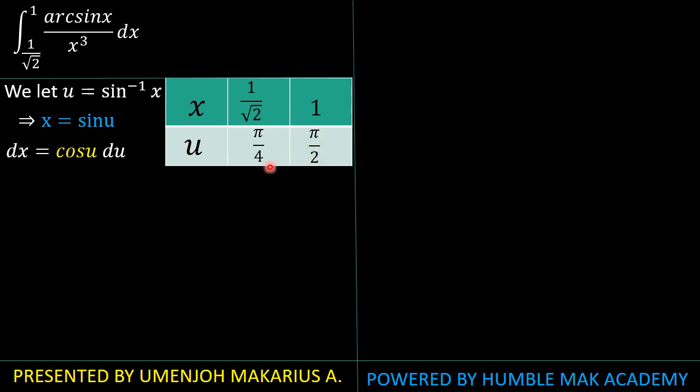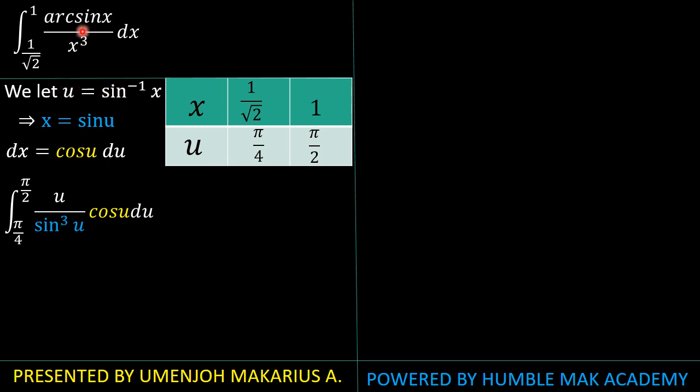Great. So now we are ready to take the integral from the x world to the u world. We now have the integral where, when x was 1 over root 2, our u was pi over 4, so we have pi over 4 here. Likewise, we have pi over 2. Then our arc sine x, as you all know, was our u.